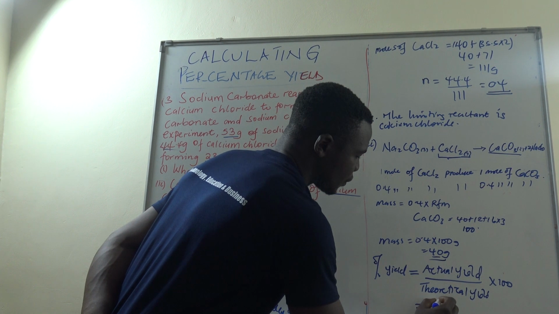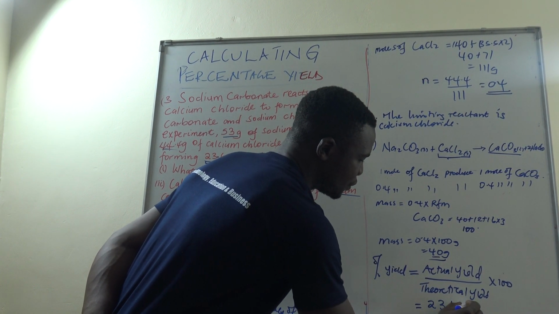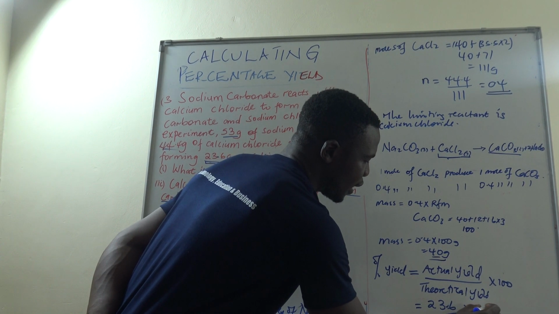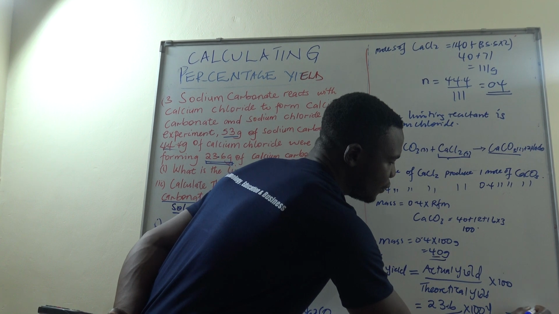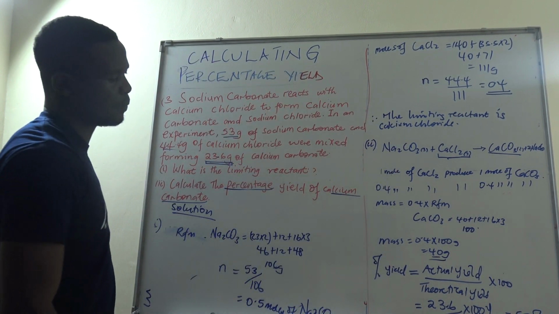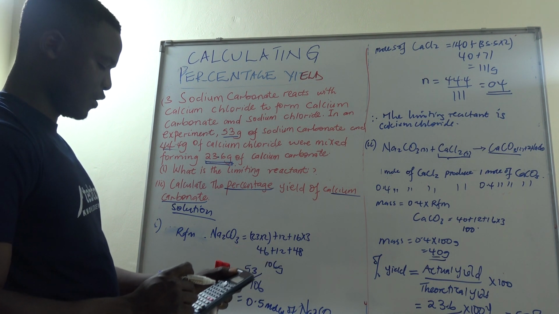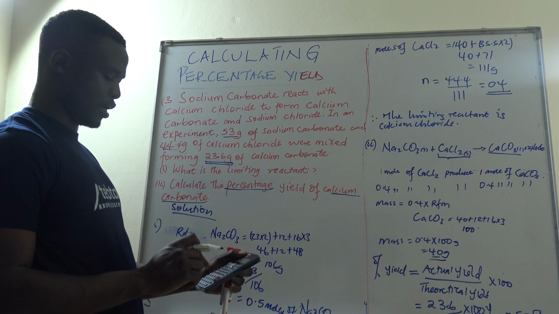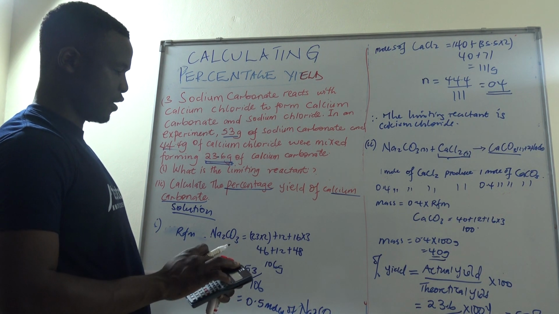Therefore, this is 23.6 divided by 40 times 100%, and this gives me 59%. So the percentage yield is 59%. Let me confirm my calculation. It is true, it's 59%.